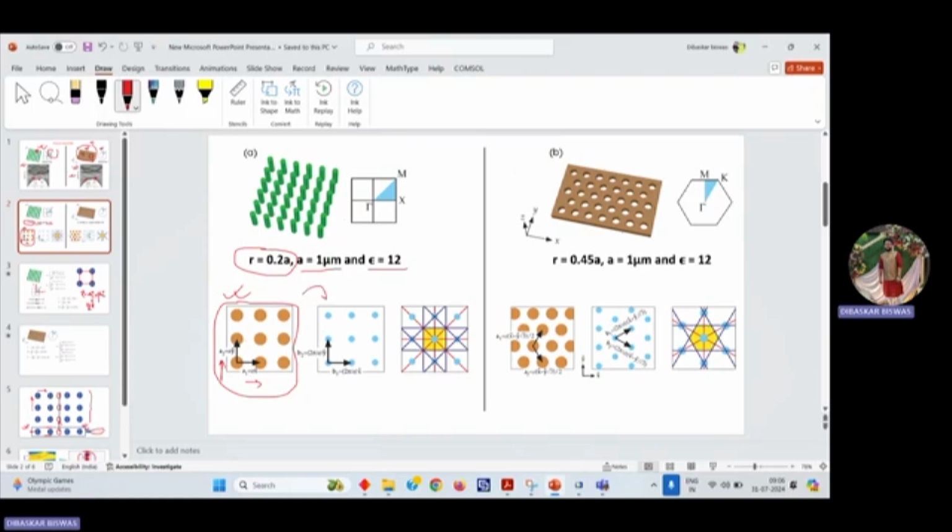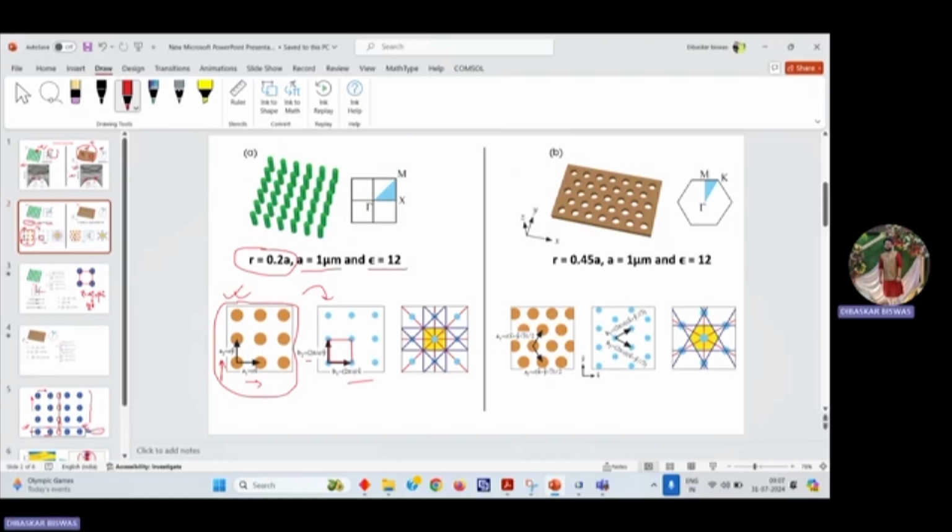Using the formula seen in lectures 9 and 14, you get b1 as 2π/a times x-hat and b2 as 2π/a times y-hat. So the reciprocal lattice is also a square lattice. If you join the lines from a single lattice point to adjacent ones, take the perpendicular bisectors and join their midpoints, you get the Brillouin zone, this yellow shaded area.